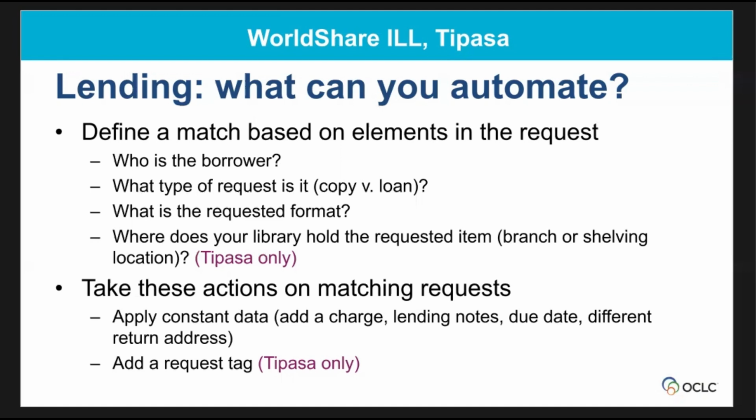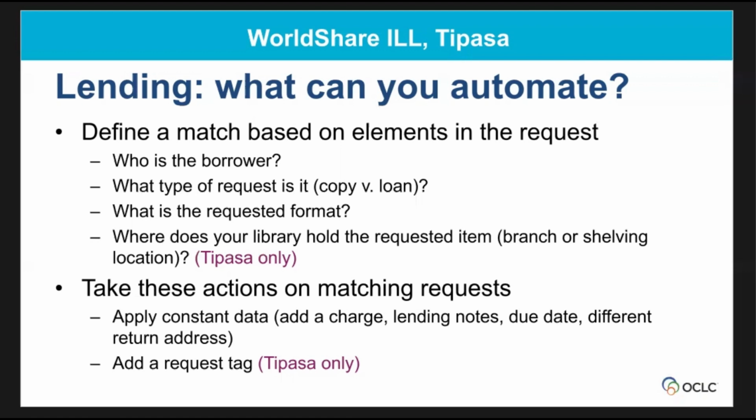And if you have Tipasa, there's an opportunity to apply a tag to the request. That's helpful if you have multiple branches, say different campus libraries, and you want a campus to check and see if they have the item on the shelf.